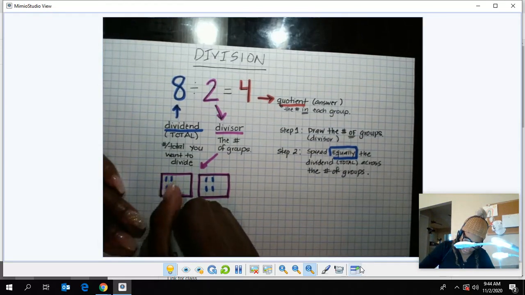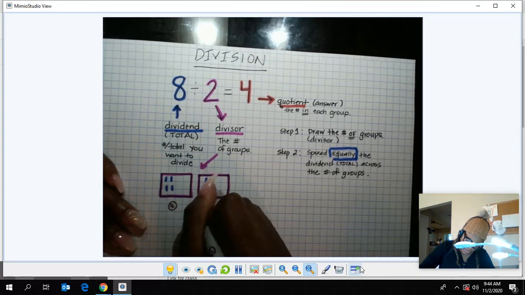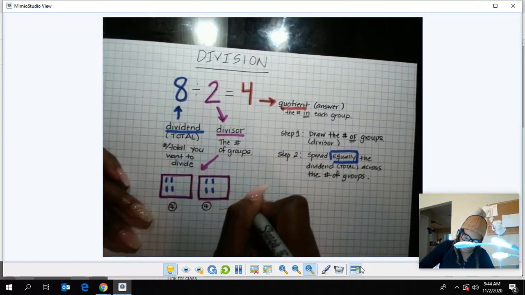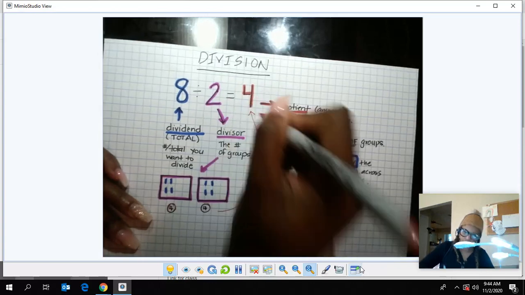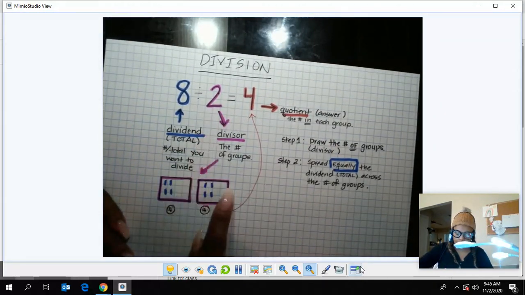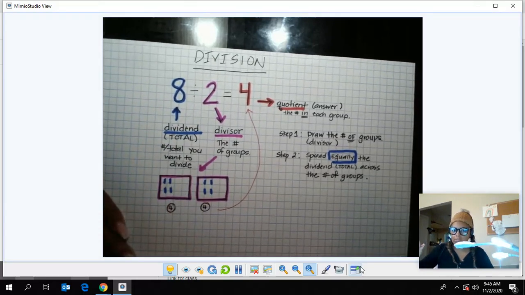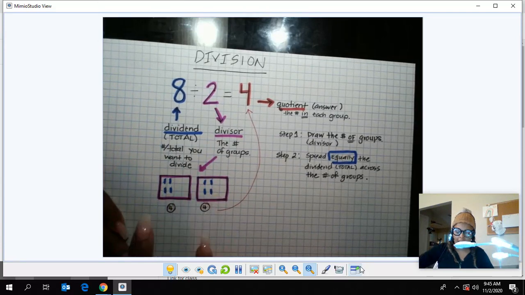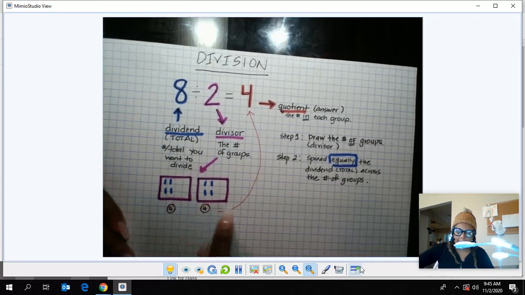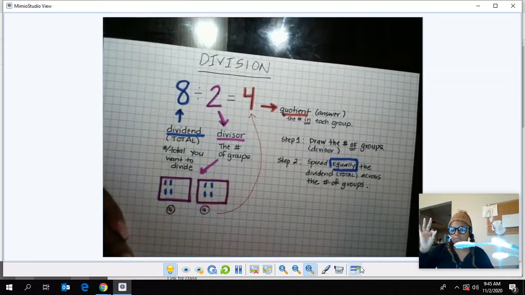So I'm going to put my 4 down here in red, and I'm going to draw an arrow. So if I have my 2 groups with a total of 8 spread equally, and the number in each group matches my quotient, then I've done it correctly.